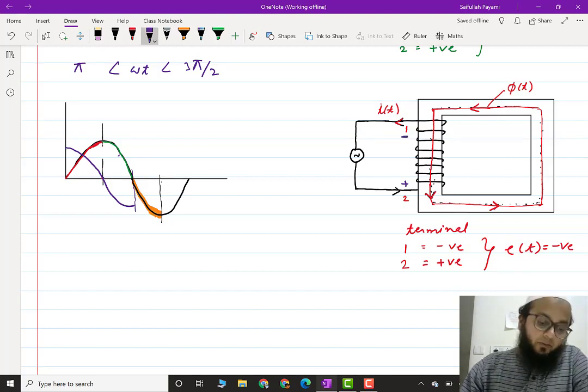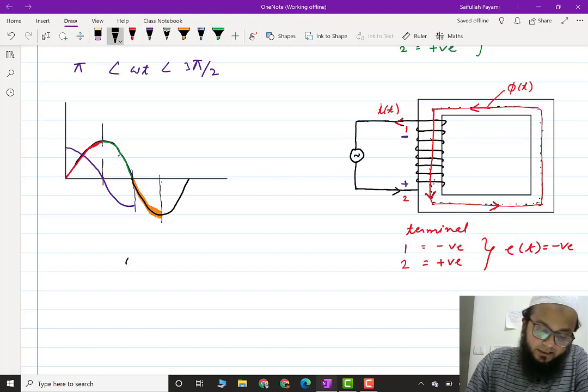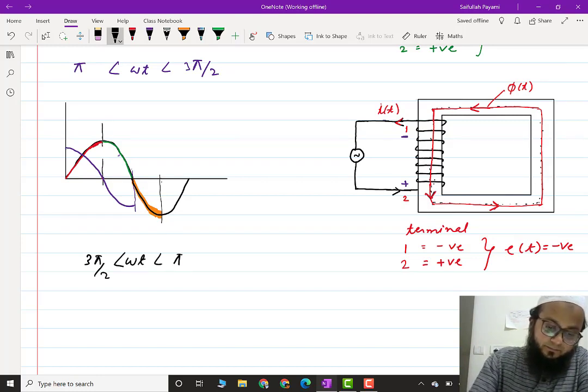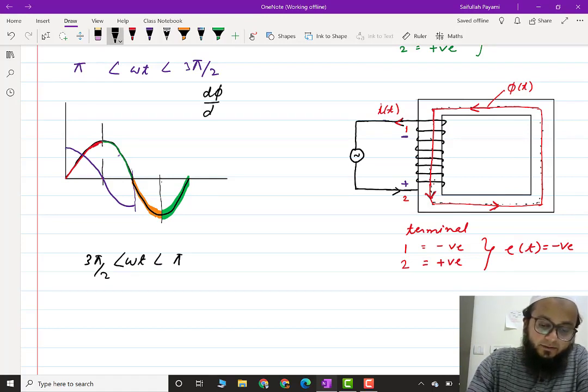And then what about when omega t is greater than 3 pi by 2 and less than pi? That is this region. In this region, d phi by dt was, I would say, negative as per the previous convention.